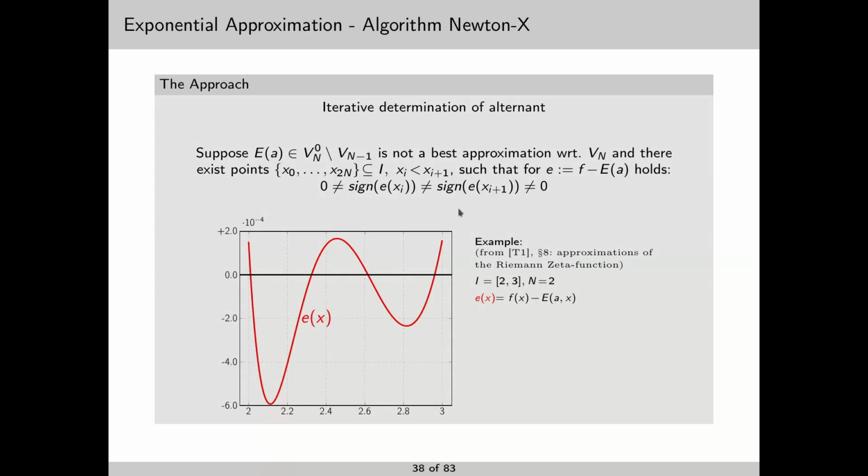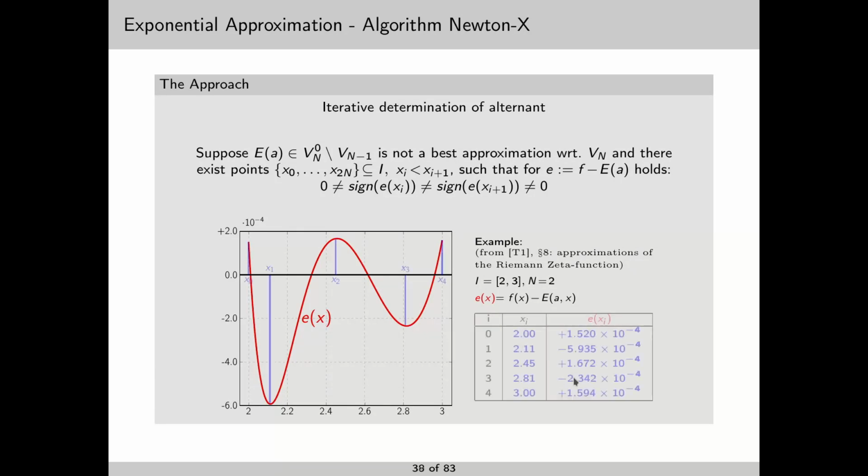An example with n equal to 2. The error function e of x has these 5 extremal points at which the signs alternate. These are the extremal points of the error function.